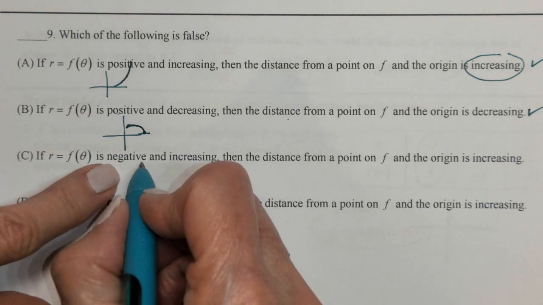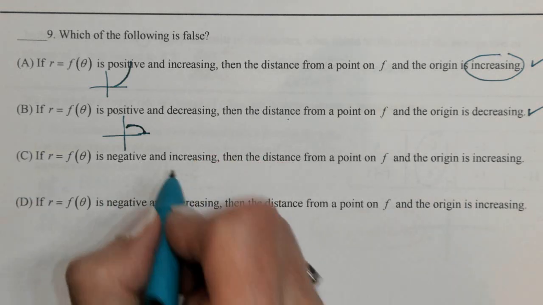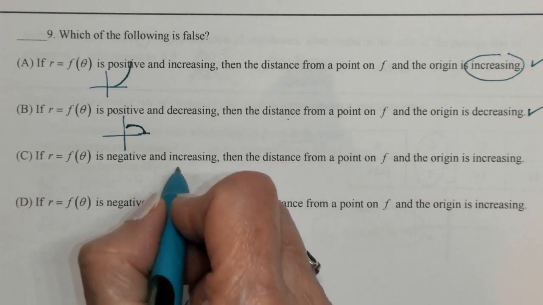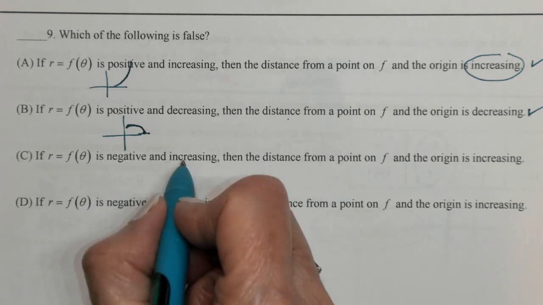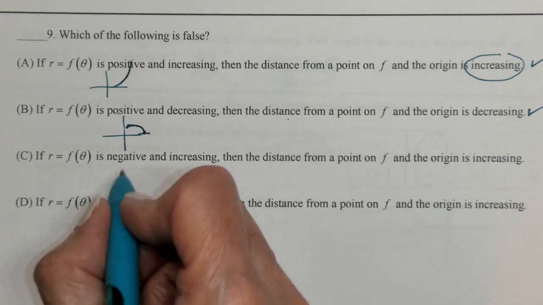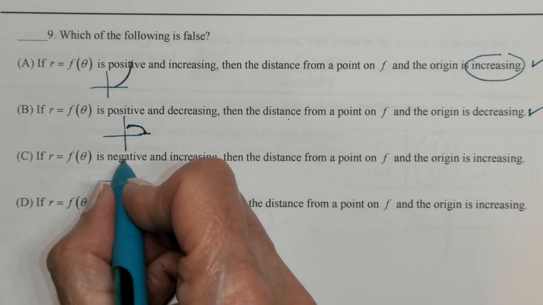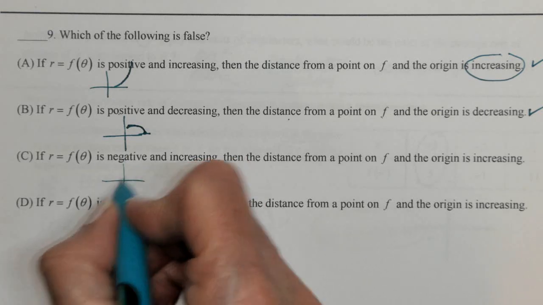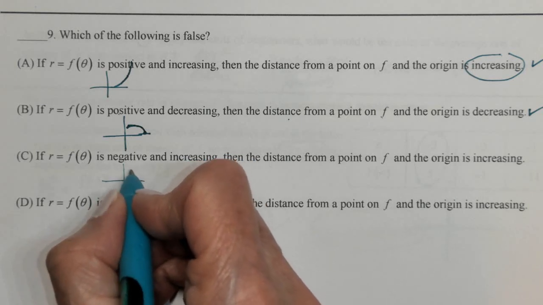If r is negative and increasing, that means r is negative but getting less negative. I'm thinking of theta being in the first quadrant, but if r is negative, we're going to land in the third quadrant even though theta is over here in the first quadrant.